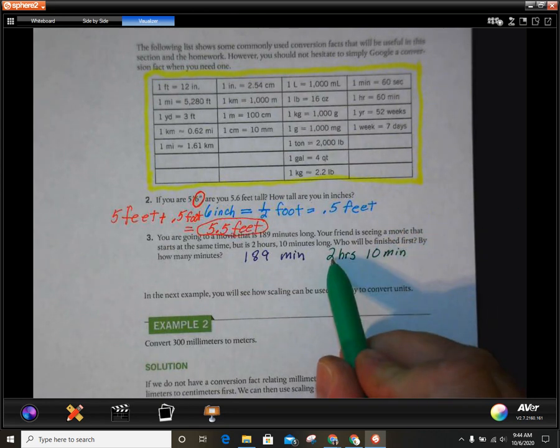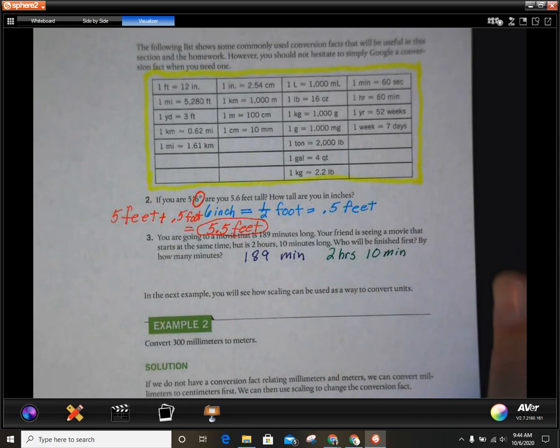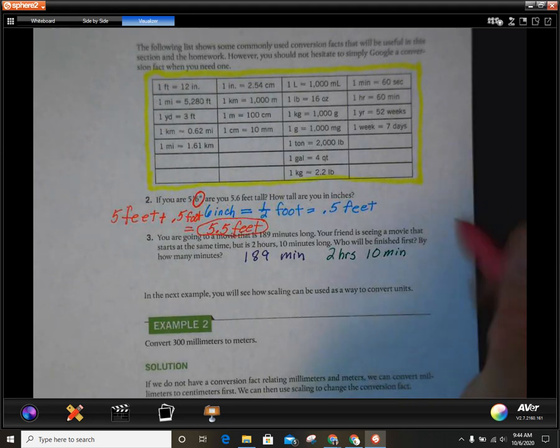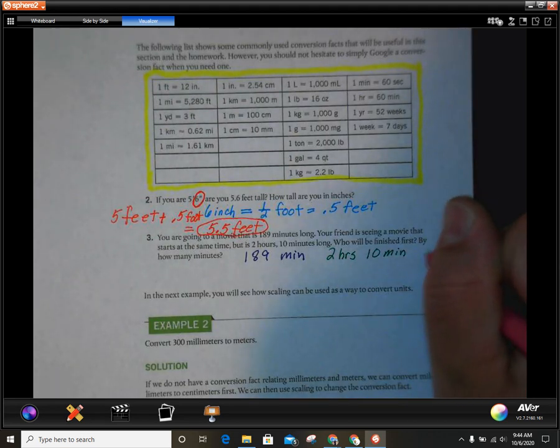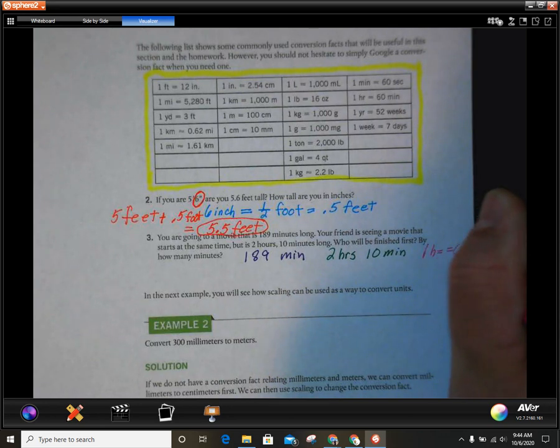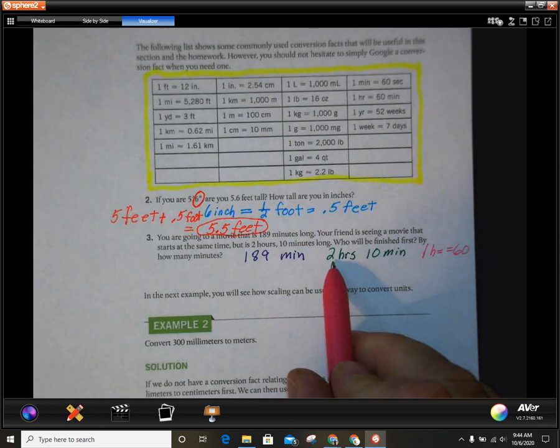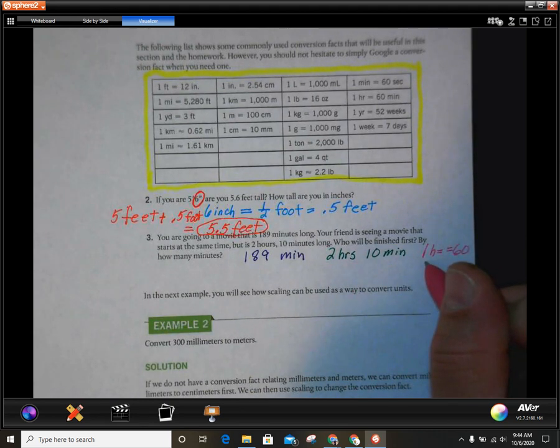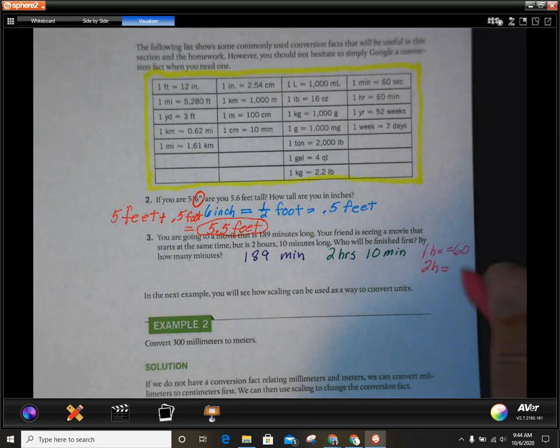So let's change the hours to minutes. I know this is a pretty common conversion. I know that 1 hour equals 60 minutes. So I'm going to take my 2 hours and multiply it by 60. That gives me 120 minutes.